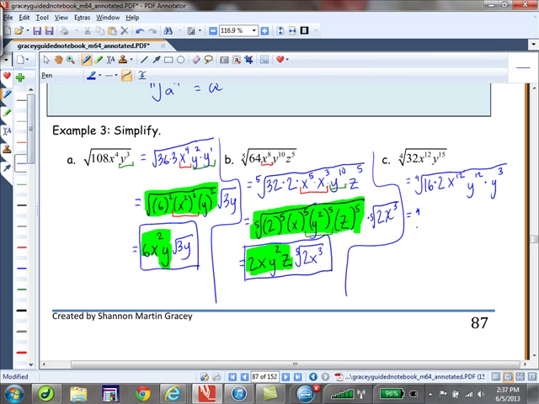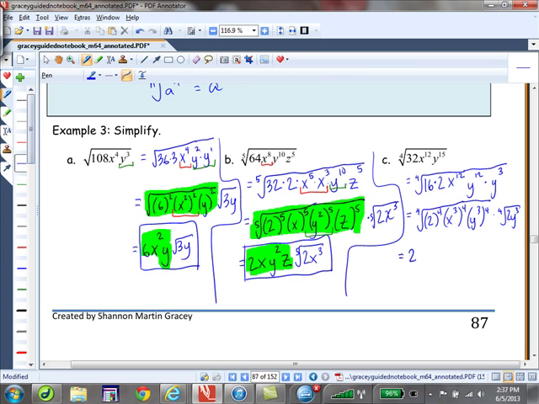So this will give us the fourth root of 2 to the fourth, x cubed to the fourth. That's how we manipulated x to the 12th. Similarly, we'll have y cubed to the fourth times the fourth root of 2y cubed is remaining.